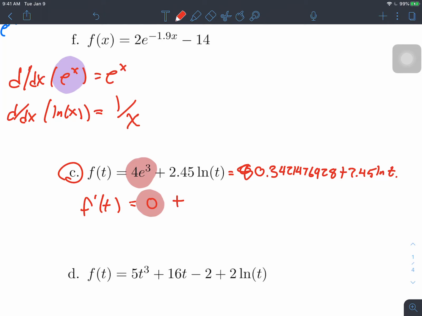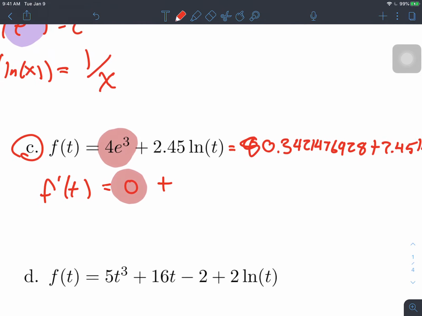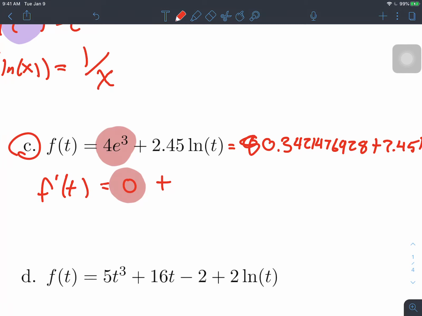What are we going to get when we do the derivative of the second part, 2.45 times ln of t? Yeah, 2.45 over t.